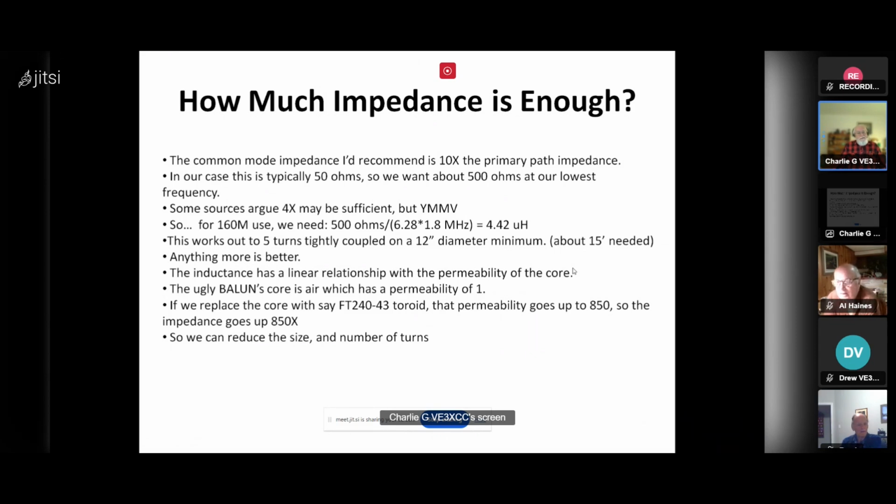If we replace that core with, say, an FT240-43 toroid, well, that permeability goes up to 850. So the impedance goes up 850 times. Consequently, we can reduce the size of the coil we're making and the number of turns we're making. And it's just far, far more effective to wind it on a toroid than it is just to make this coil of coax that we throw on the ground with a piece of wood over the top of it.